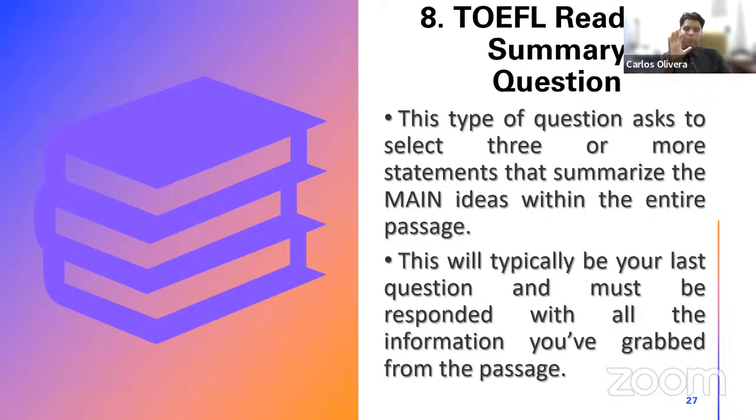Remember, there are 10 questions, and out of those 10, the last one is always going to be the summary question. You must respond to this question with all the information you've grabbed from the passage, and it must always be at the end of your 10 questions.